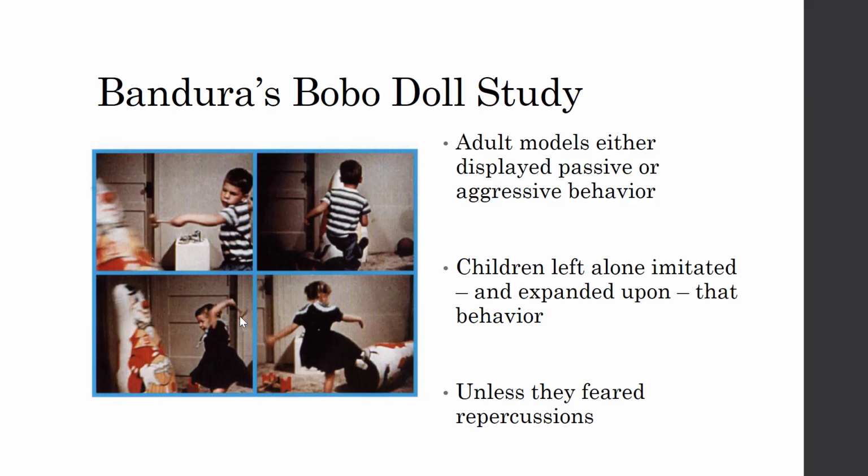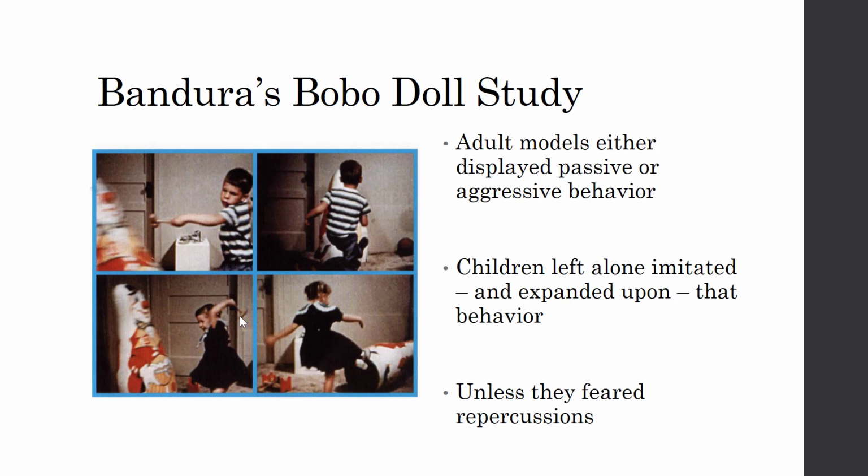Now, the most famous example of this comes from Bandura's Bobo doll study. A Bobo doll is an inflatable toy that has the face of a clown on it. It has a heavy rubber bottom so that when you punch it, it pops right back up vertically again, allowing you to keep punching it.